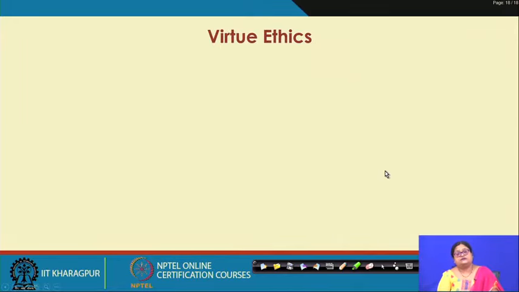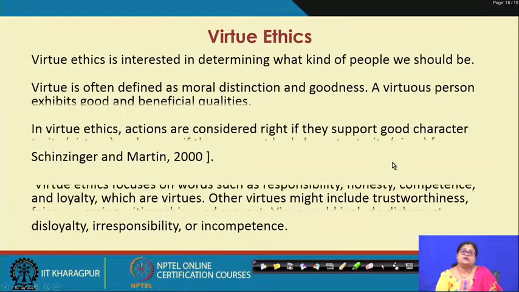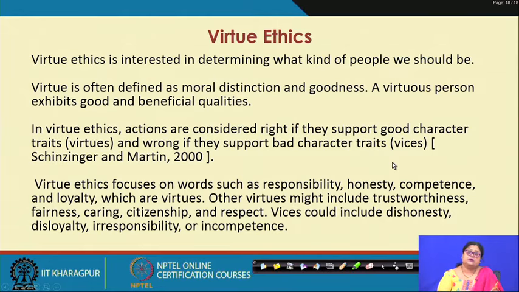Next we'll come to the discussion of virtue ethics, which is a theory focused more on the nature of the person who is making a particular decision. Till now we have discussed how decisions are made and what the outcome of the decision is, whether it is right or wrong, ethical or unethical, and how the decision is made as a process.